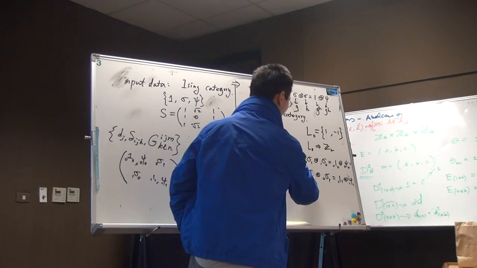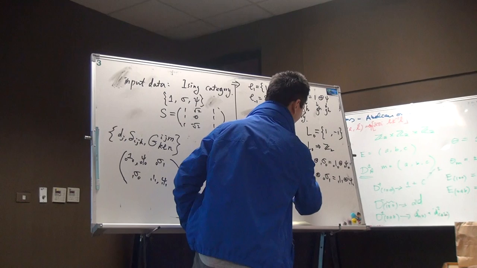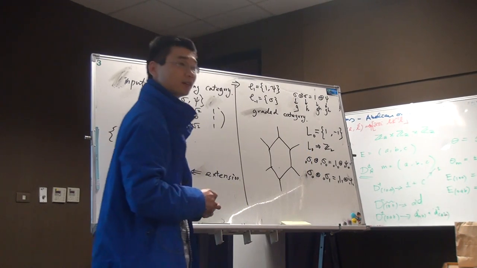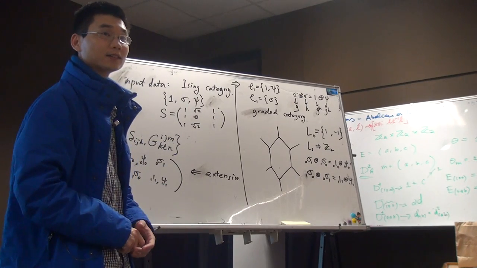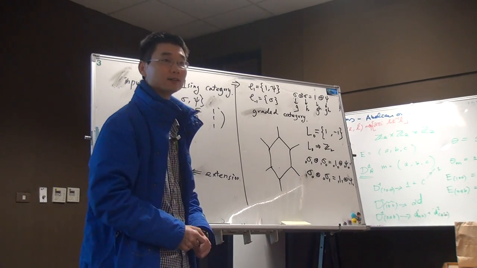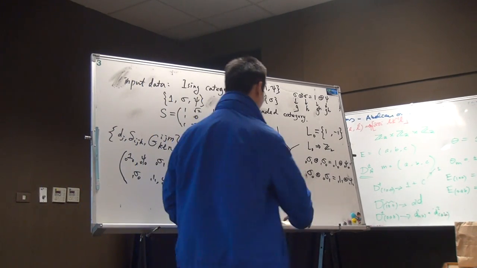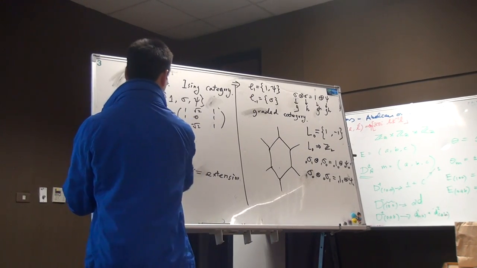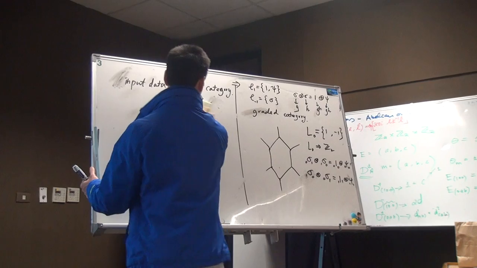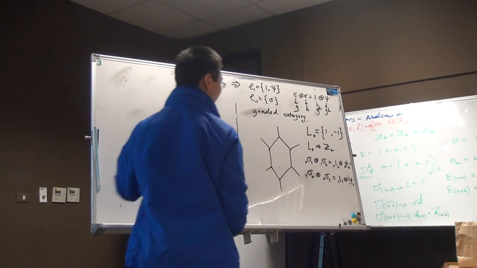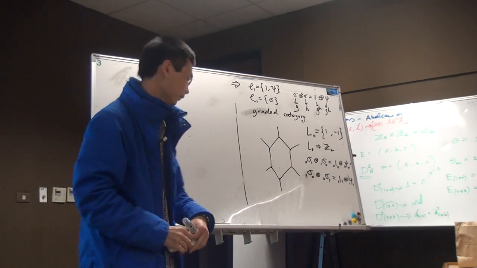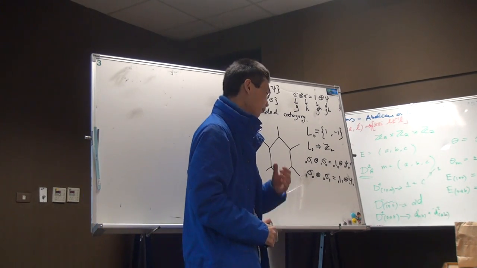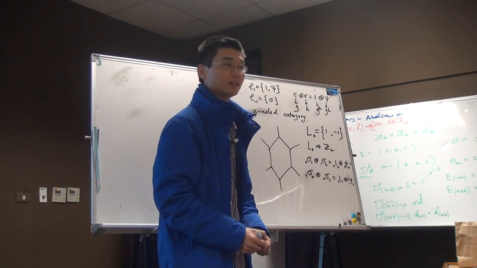Then what we can do with this extension, if we put this data into the Levin-Wen model, then what we have is a model with the original data from the Ising category, and also with the finite group Z2 in the model.